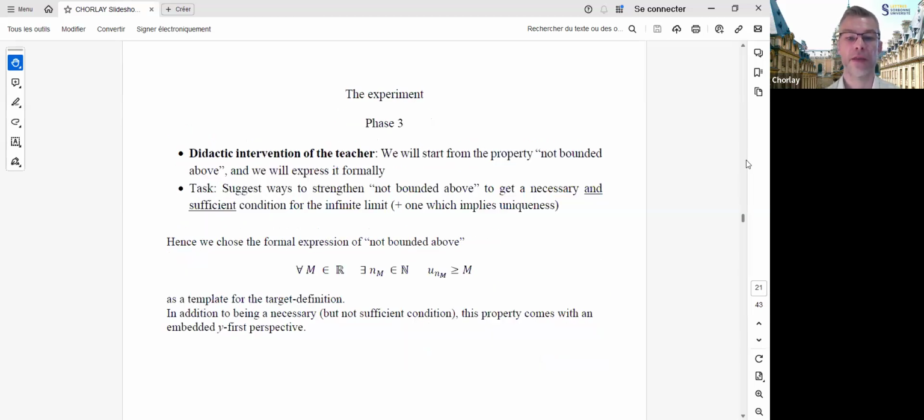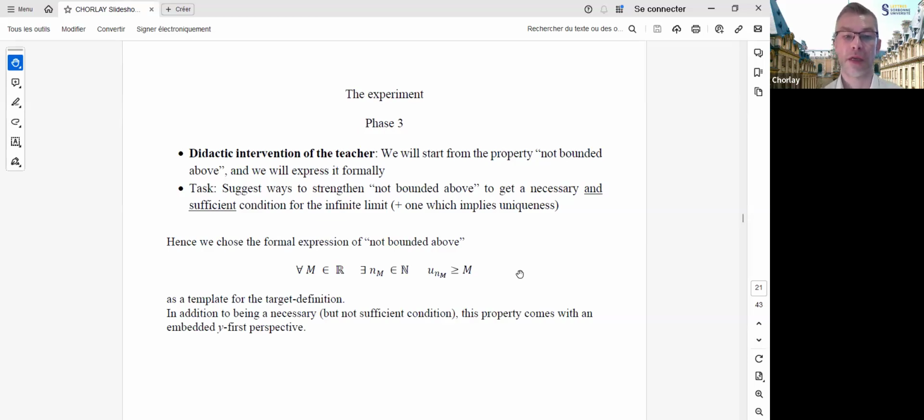So the final phase is, now we will start from this best shot, not bounded above, and we express it formally this way. And the task entrusted to students is, well, suggest ways to strengthen the not bounded above condition to get not only a necessary but also a sufficient condition for the infinite limit.